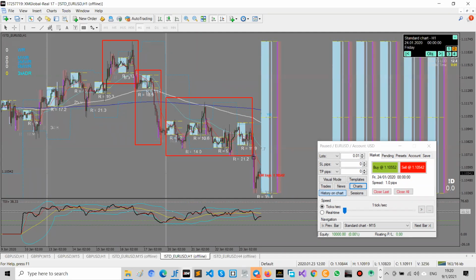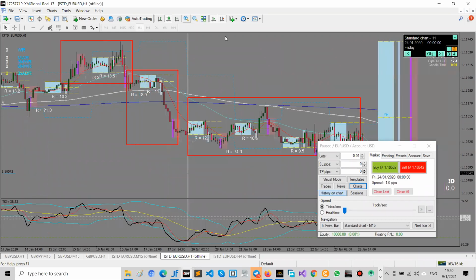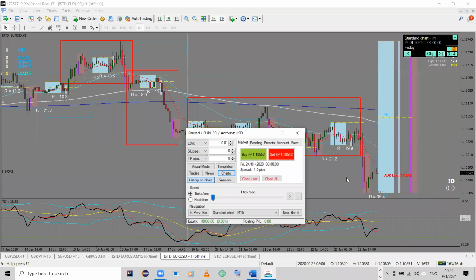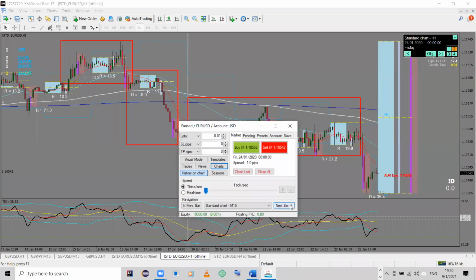So I'm assuming price is in level, drop down to level 3 here. I'm expecting a stop hunt onto the low, then I buy this. So let's see. Then I enter the trade.